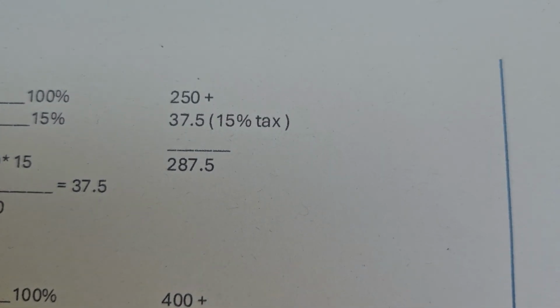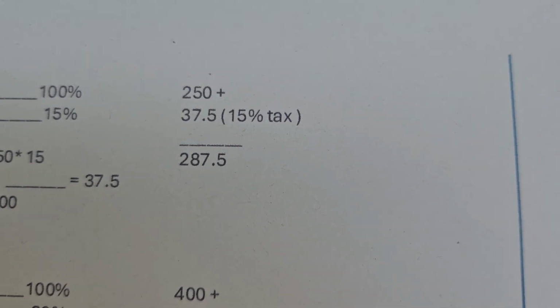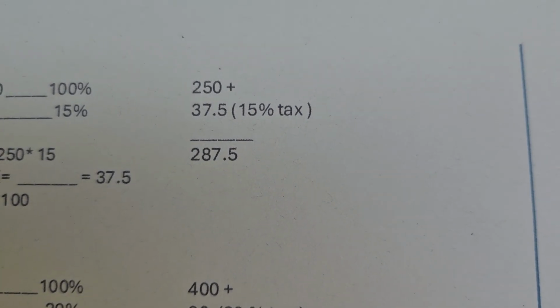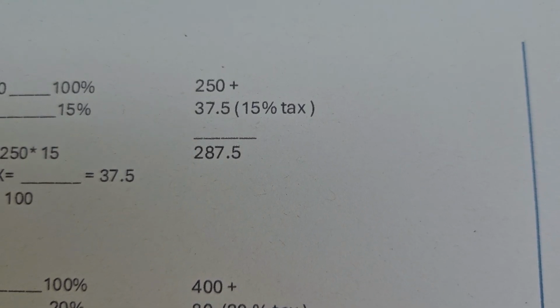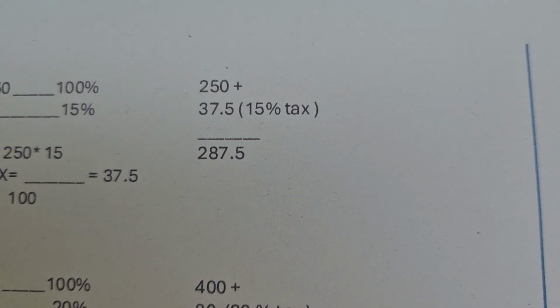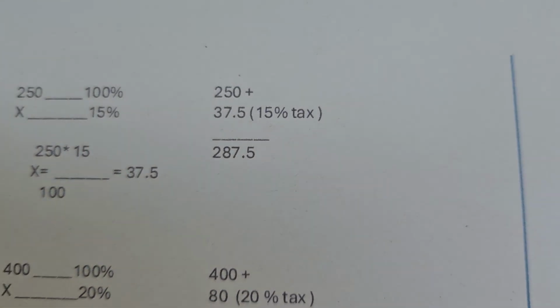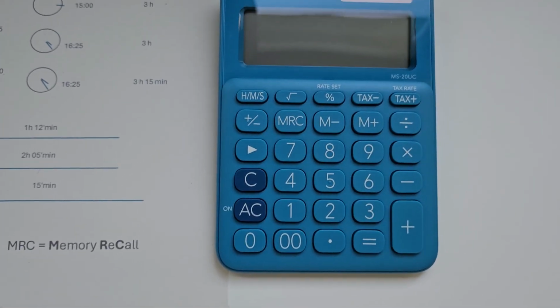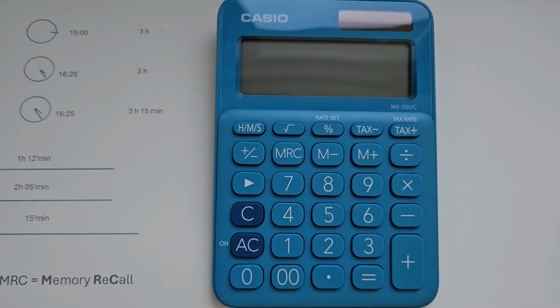So when we add the 15% tax to 250, that means basically adding 37.5 to 250, which is 287.5. The calculator does this for us automatically, but first we need to set the percentage.